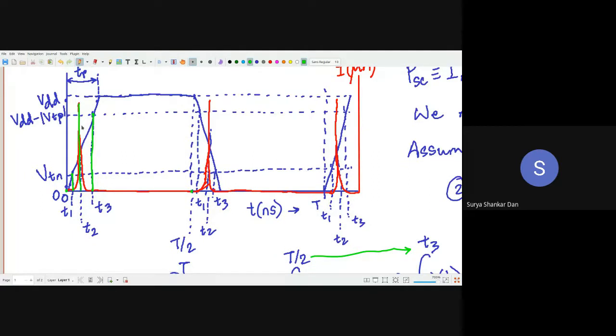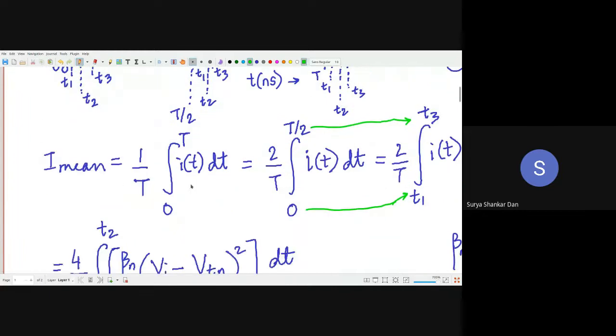You are not even supposed to have any short circuit component because the switching happens only between T1 and T3. There is no approximation here. So you are going to have zero current between these two. Definitely, there is no approximation here, because there will be no switching there. That is the reason why we could write like that.